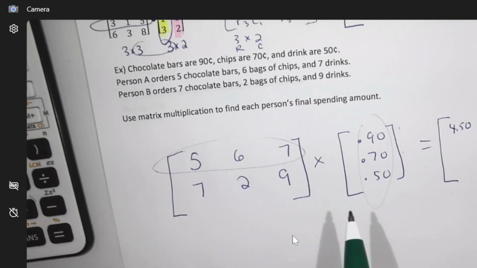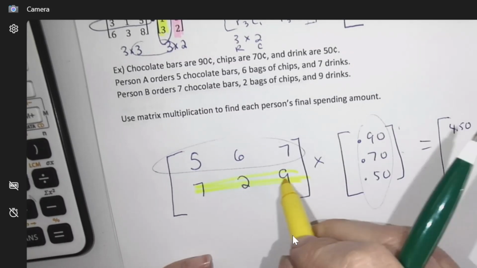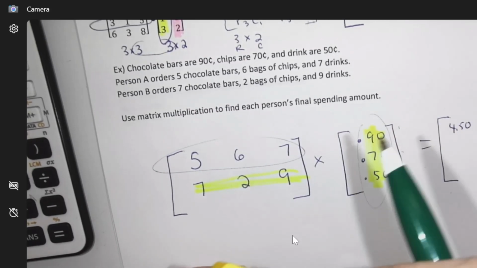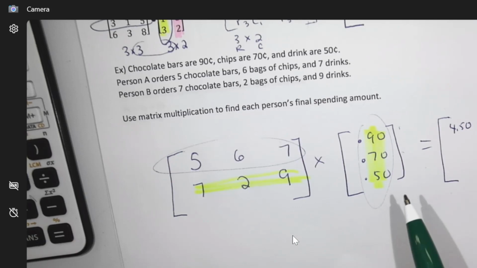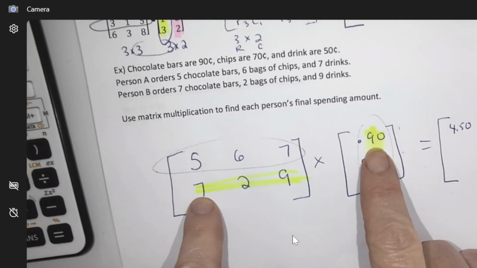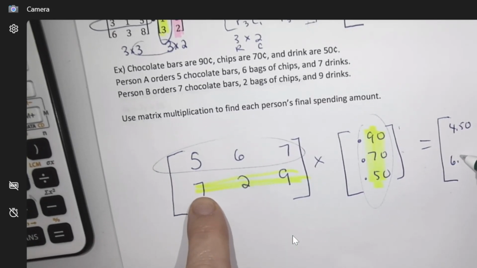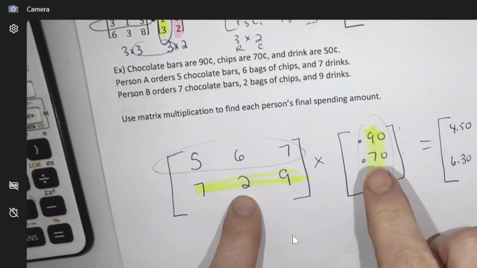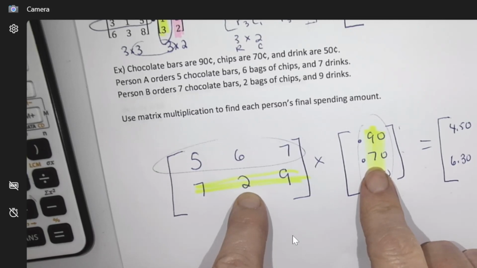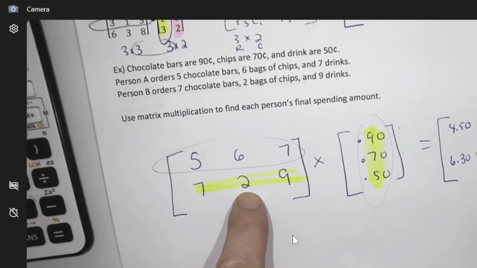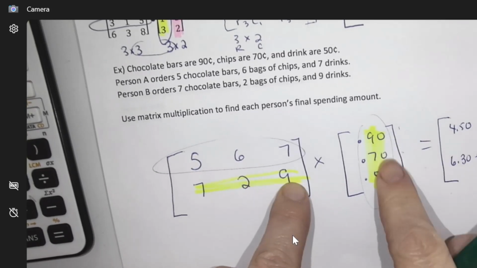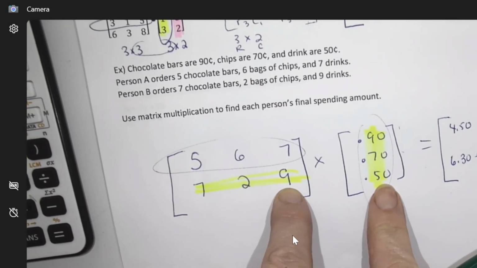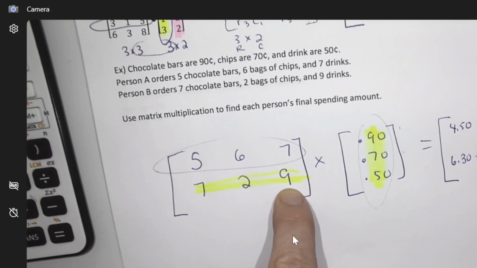Okay, now I'm going to do row 2 times column 1. So 7 times the 90 is $6.30. 2 times the 70 is $1.40. And then 9 times the 50 is $4.50.